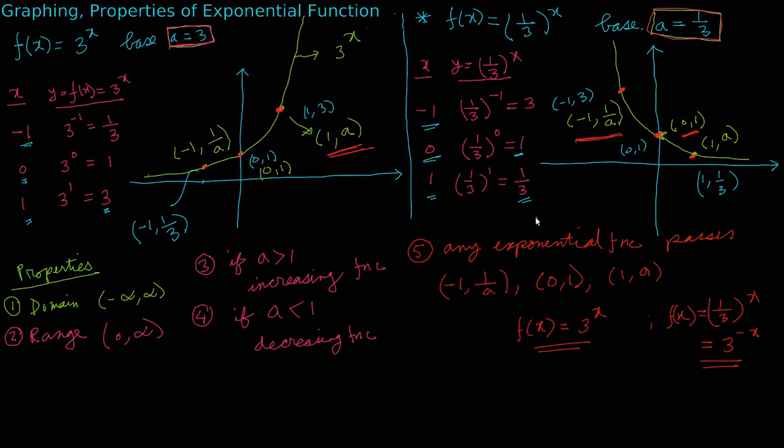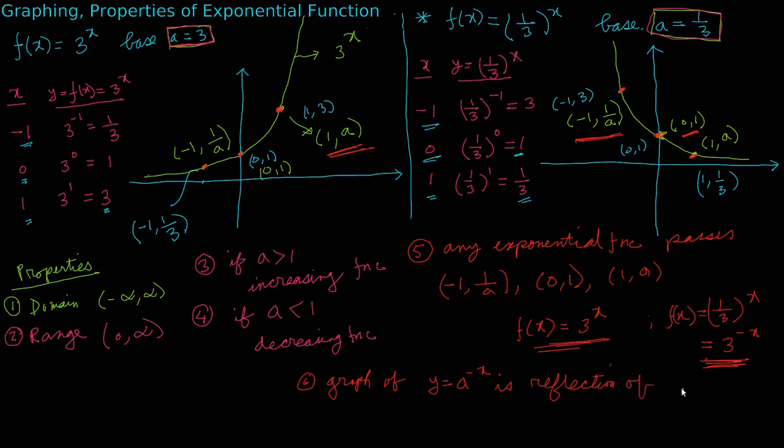All right, so if I write it down as number 6, the graph of a function which is y equals a power -x, which is like this one, is a reflection of which function?